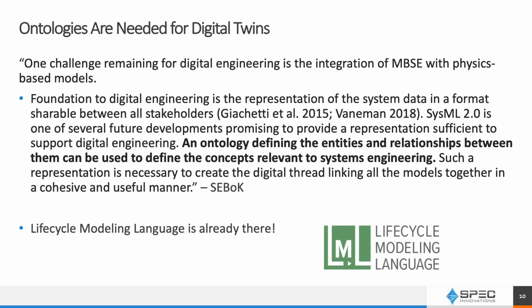An ontology defining the entities and relationships between them can be used to define the concepts relevant to systems engineering. Now, SysML 1.0 wasn't quite the ontology of what a true ontology should be. There was a lot of flexibility in SysML 1.0, up to whatever number they reached, I think it was 1.6, 1.7.